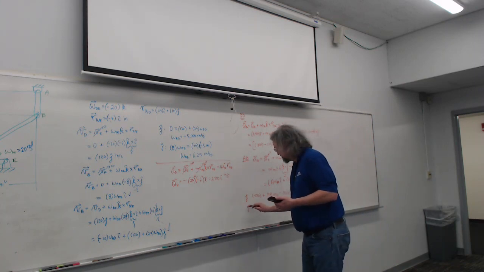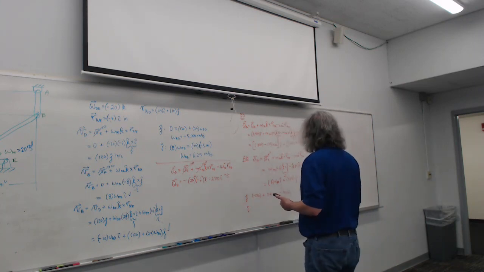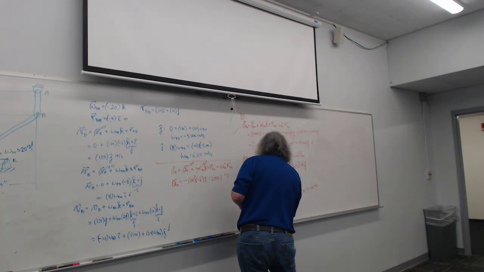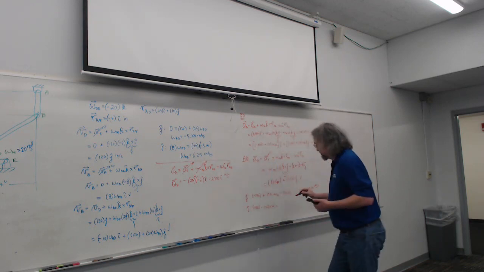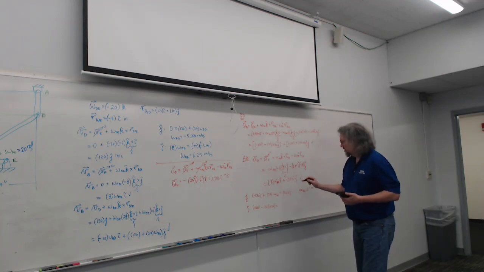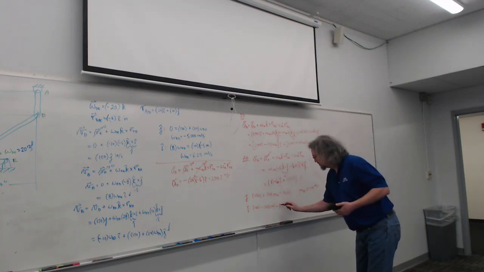So I is going to be our 1800 minus 10 times the 23.44 that we just found, which is going to be equal to positive 8 alpha AB.